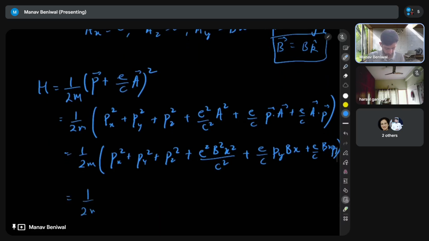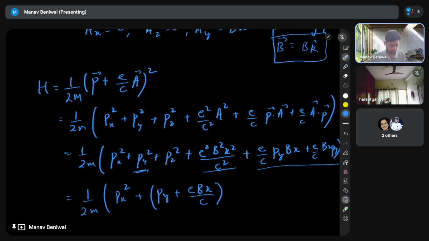Okay, so basically we'll have px squared, and so we have py squared here, and this quantity squared, and then we have 2 times py Bx e by c. So we can write this as py plus eBx by c whole squared, and finally pz squared.